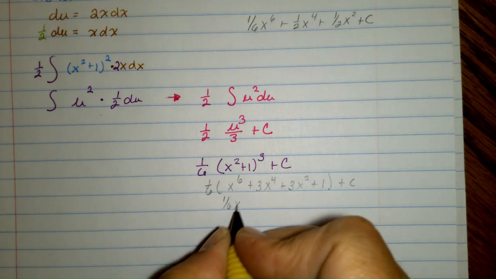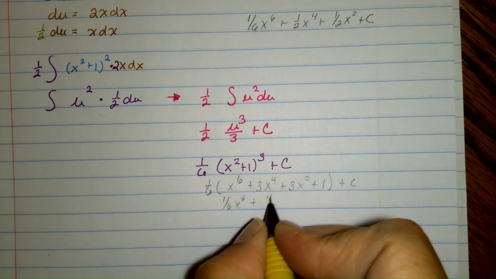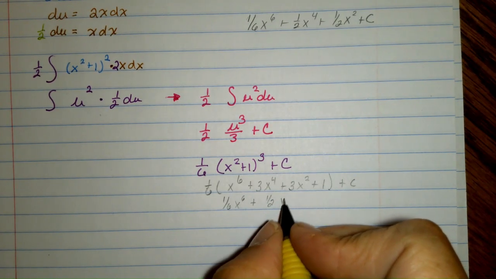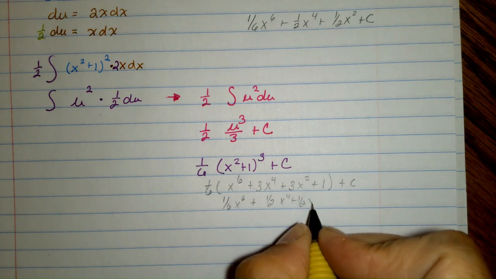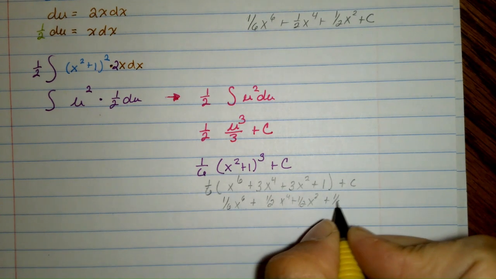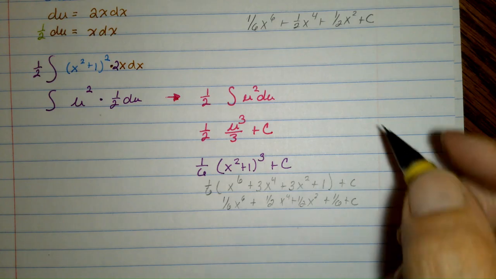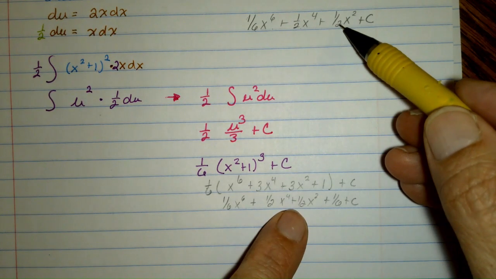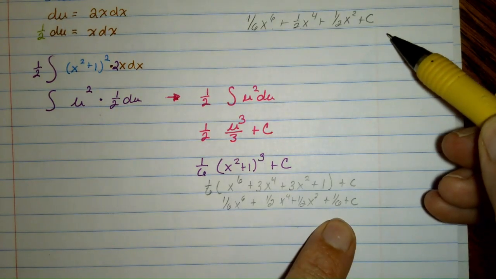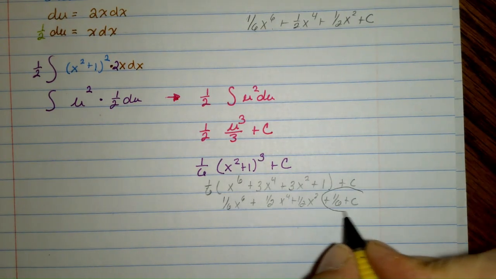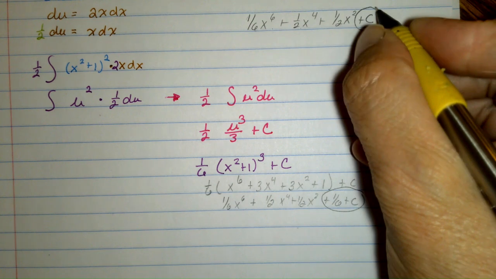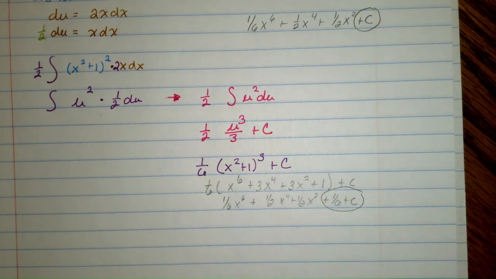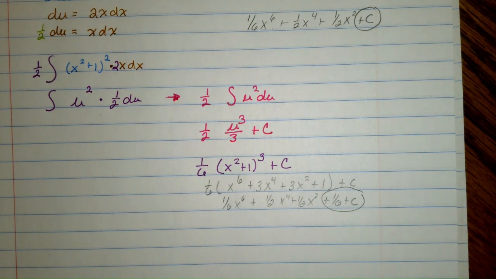So 1/6 x to the 6th plus 1/2 x to the 4th plus 1/2 x squared plus 1/6 plus c. Is that the same thing? Yes, yes, yes. Could those constants be equal? Absolutely, yes, it's the same thing. But one is going to help us reverse that chain rule.